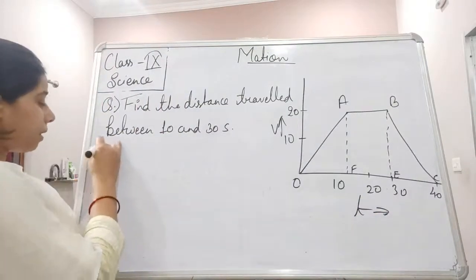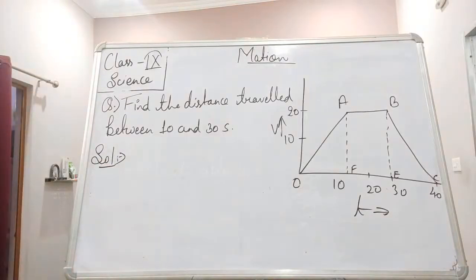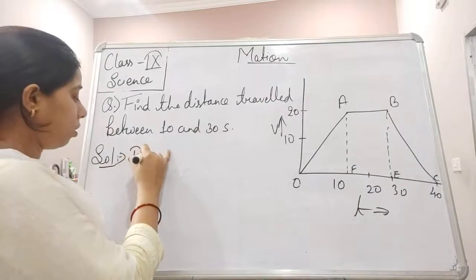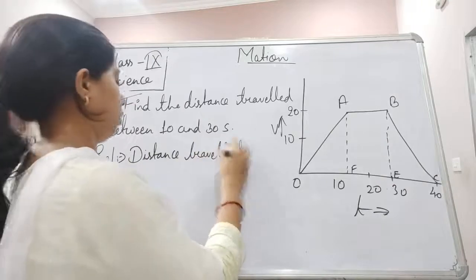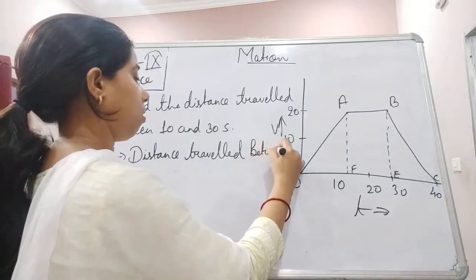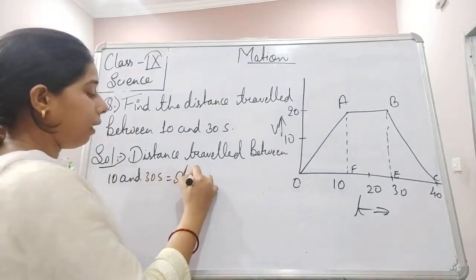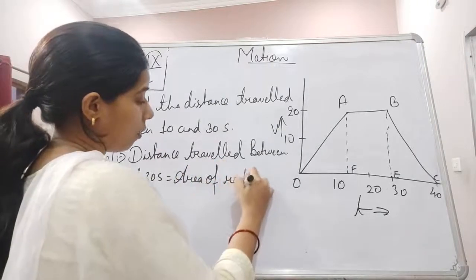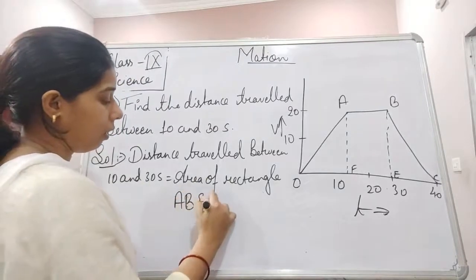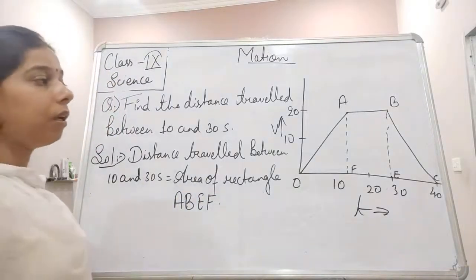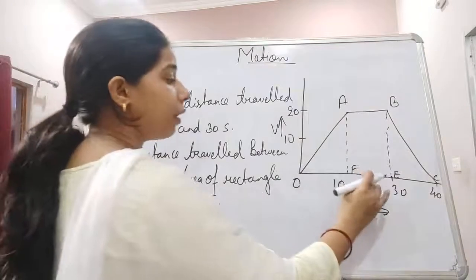We know that distance we can find by the area under the graph. So distance between 10 and 30 second is equal to the area of rectangle ABEF. So this will be equal to length into breadth.